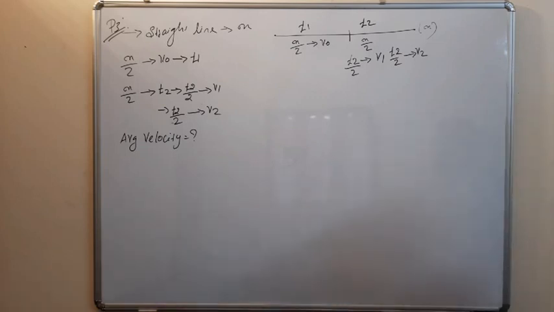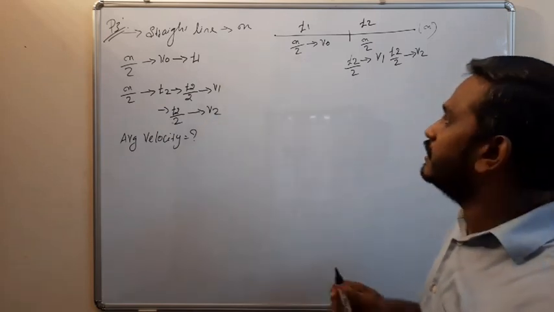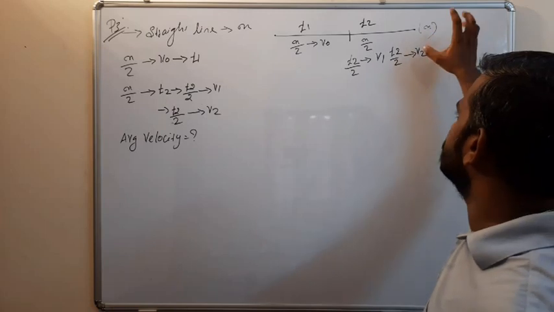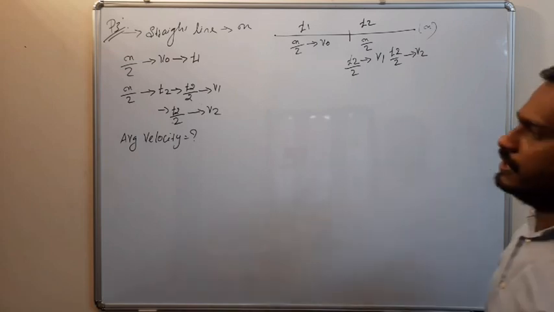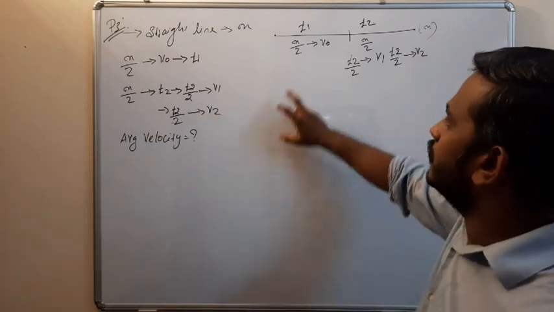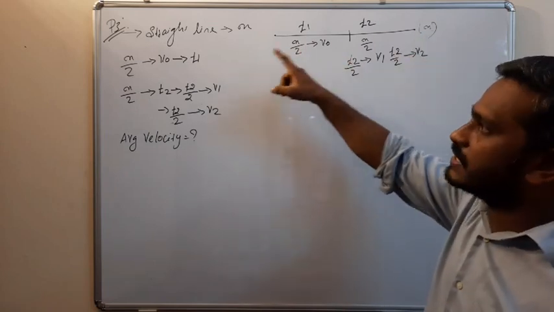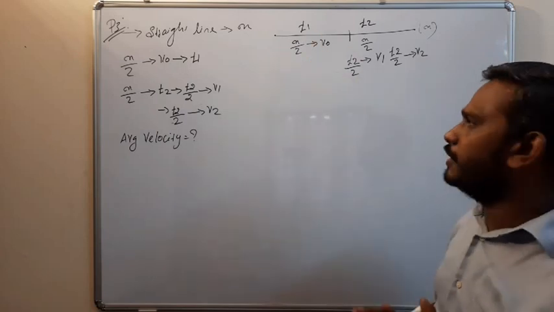Question clear? So my body is making a straight line motion. All distance covered by the body is x. In the question it is given: half of the distance, x by 2, is covered with the velocity v0, with the time t1.